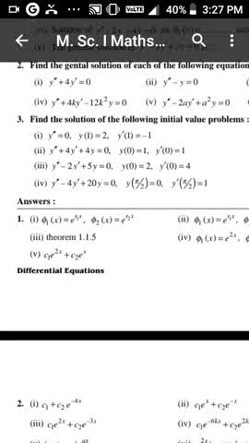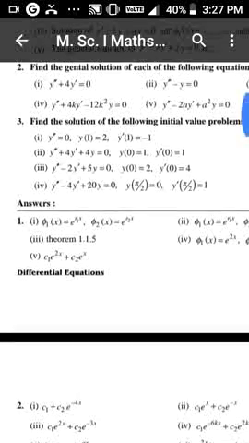Therefore the solutions are phi 1 of x is equal to e raised to x and phi 2 of x is equal to e raised to minus x. Therefore the required general solution is phi of x is equal to c1 e raised to x plus c2 e raised to minus x.